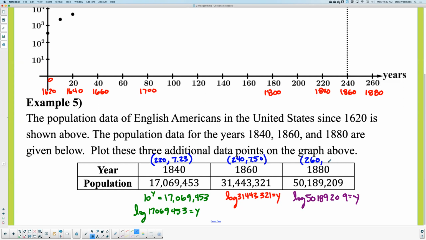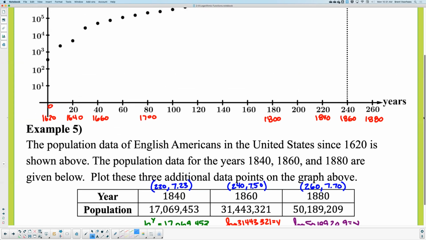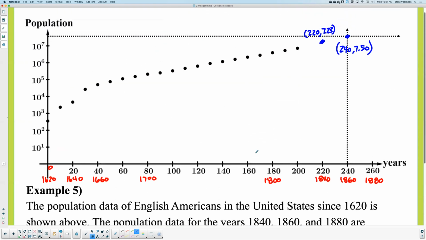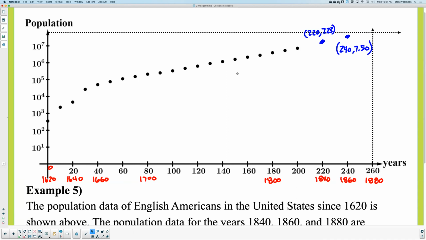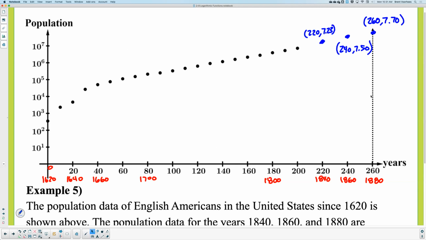So this is 260 years after 1620 and 7.70. Let's back up here and we'll plot this. And I'll go up a little bit more, maybe somewhere in there. Plot that point. Now I'll take these axes away so it's not so distracting there. And that would be our points.